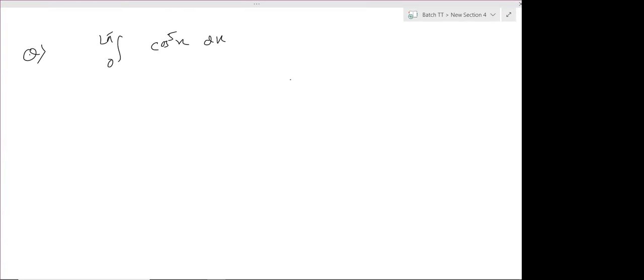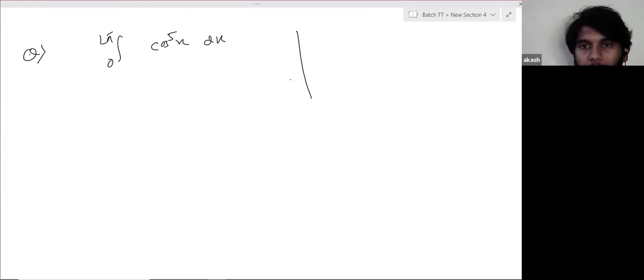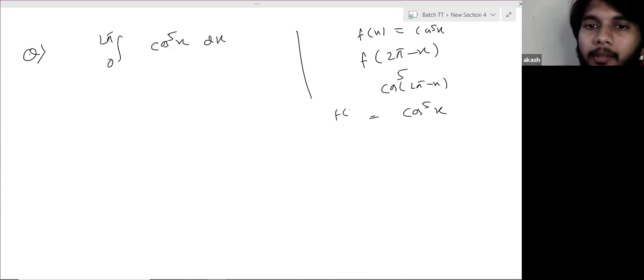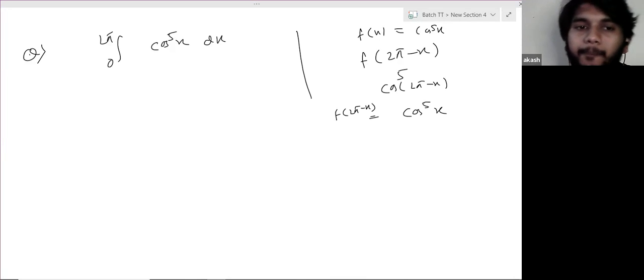So we know that we can use that previous property. But before that, let's find out what is f of 2 pi minus x. We have f of x as cos to the power 5x. So what will be f of 2 pi minus x? Cos of 2 pi minus x to the power 5. So cos of 2 pi minus x is cos x itself. So this is cos to the power 5x. This thing is clear, what I did?